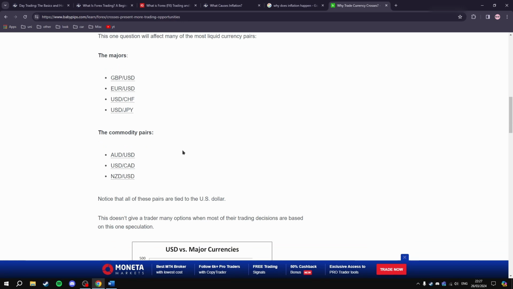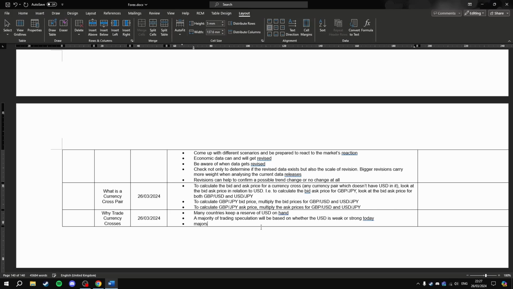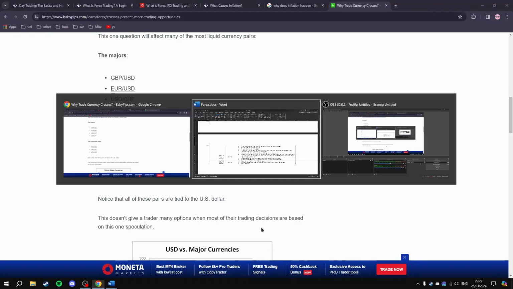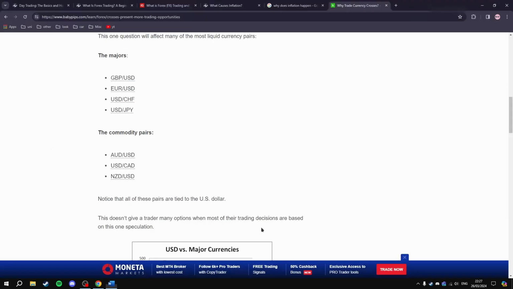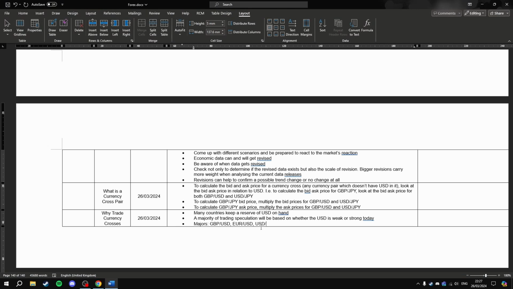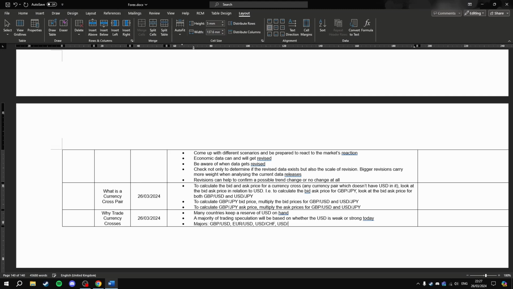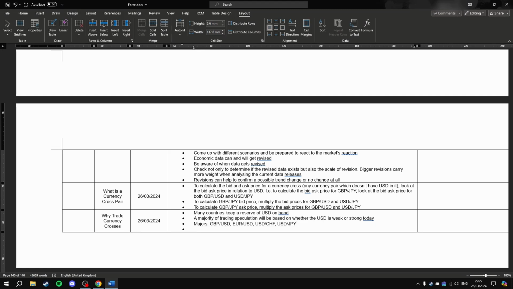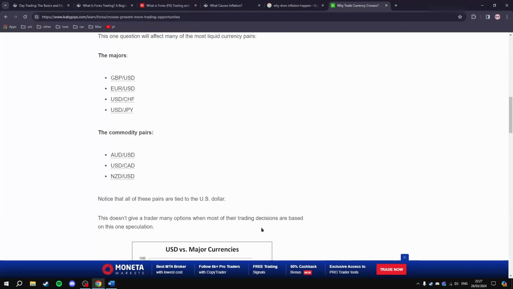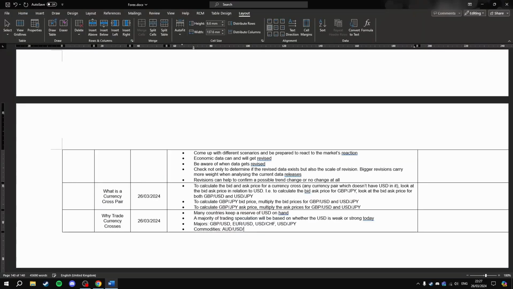The majors, the commodity pairs: GBP/USD, EUR/USD, USD/CHF, USD/JPY, commodities, AUD/USD, USD/CAD, NZD/USD.